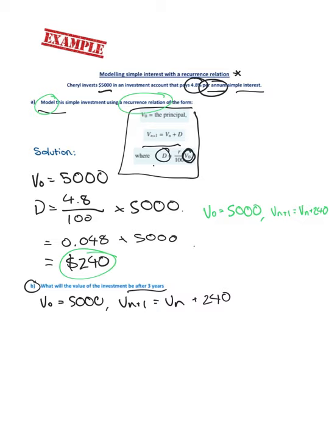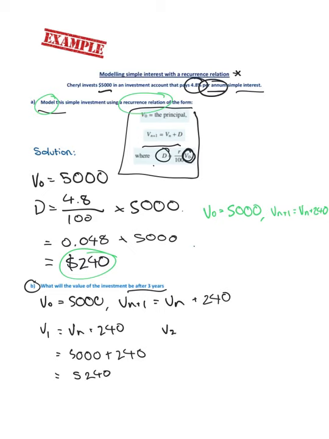So our year 1 is going to equal our Vn plus 240, where our current term is our initial term, 5,000 plus 240, which gives us $5,240 after the first year.